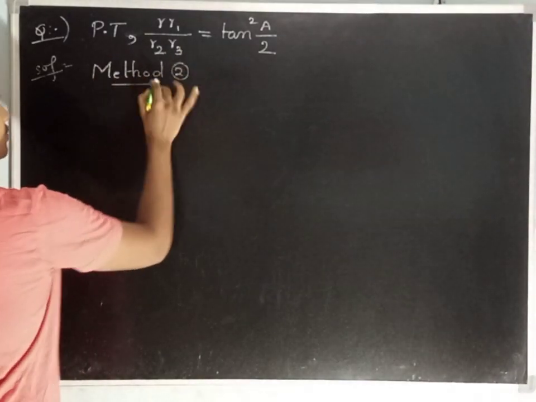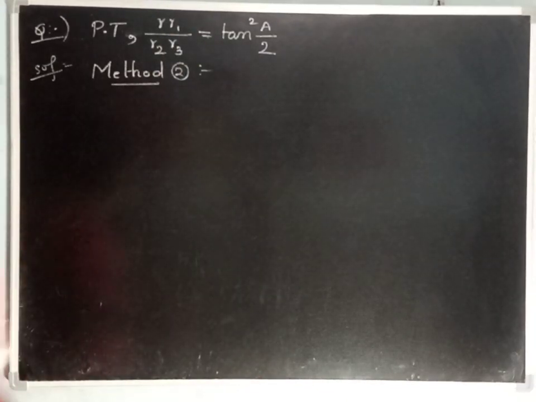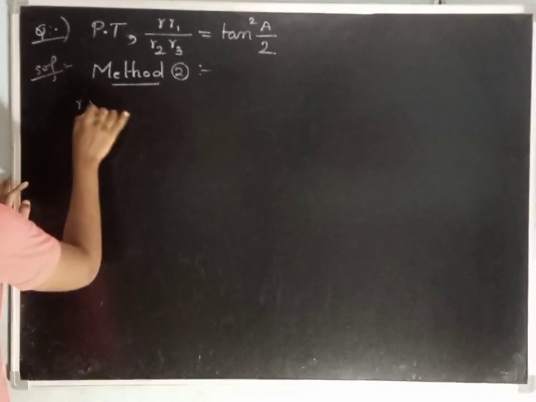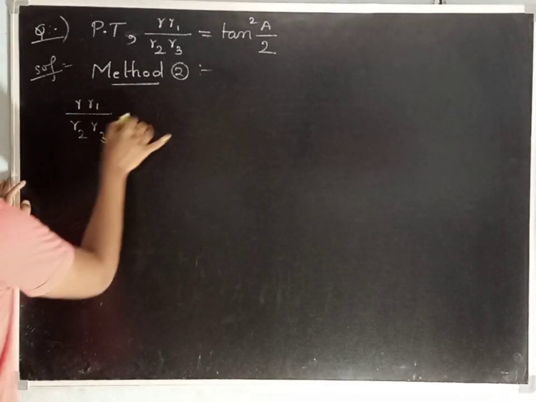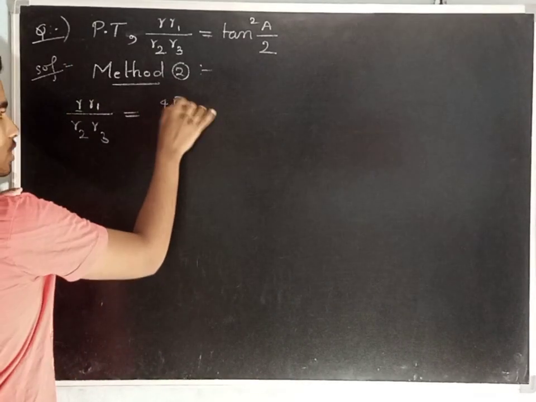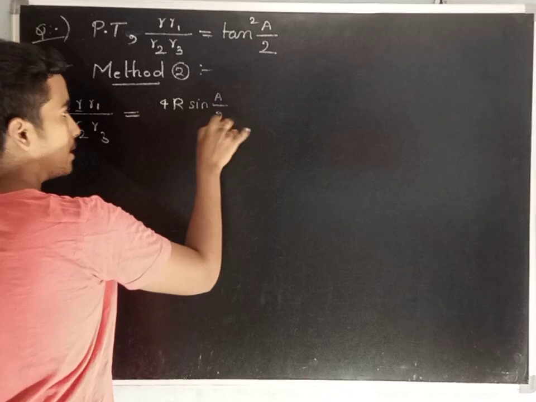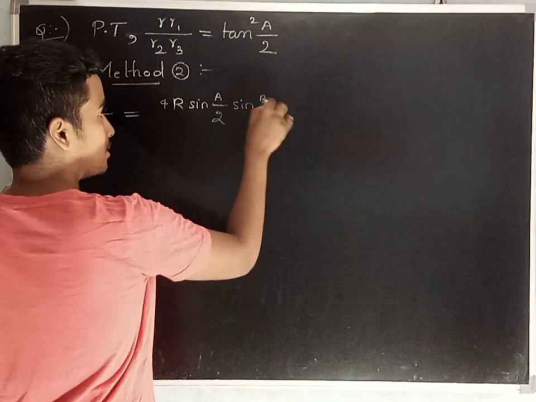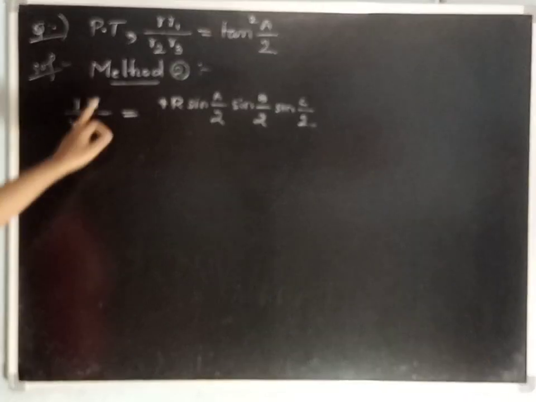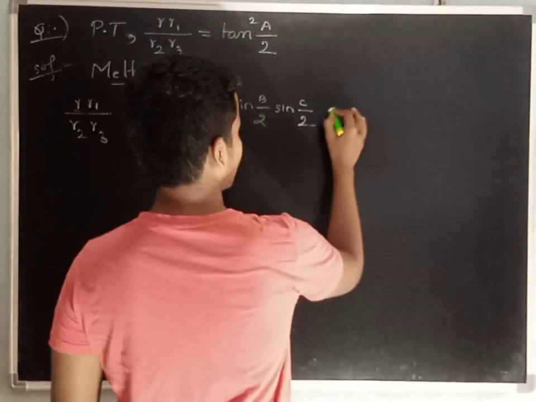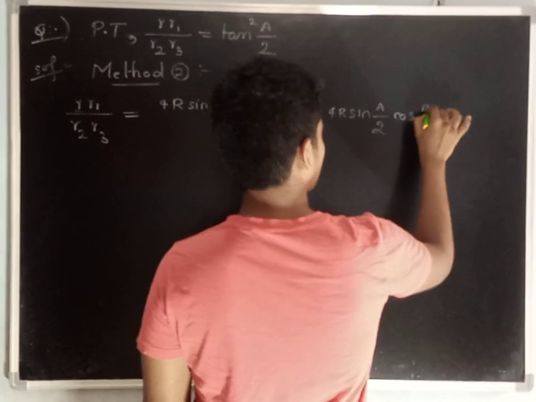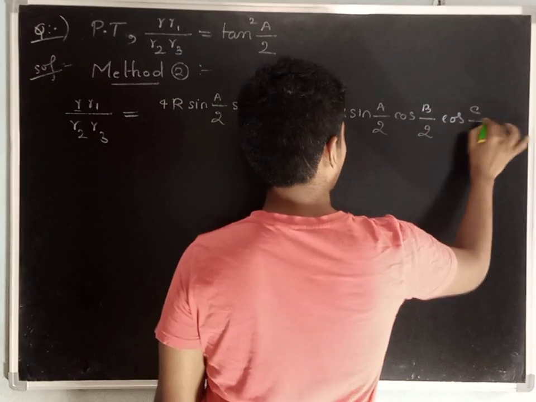Method 2. In method 2, I am going to apply r by R1 by R2 R3. I write small r as 4 capital R sin A by 2 sin B by 2 sin C by 2. And R1 as 4R sin A by 2 cos B by 2 cos C by 2.